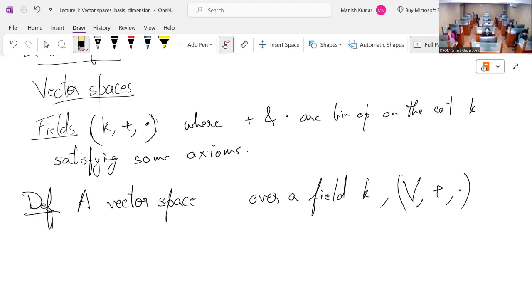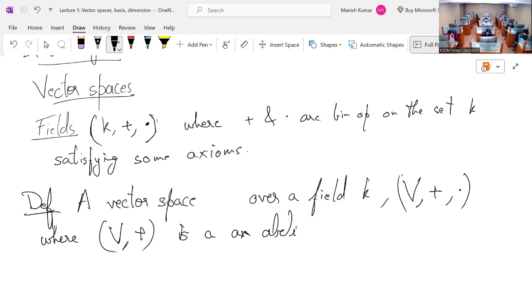Here V plus is an abelian group, and then there is a scalar multiplication.